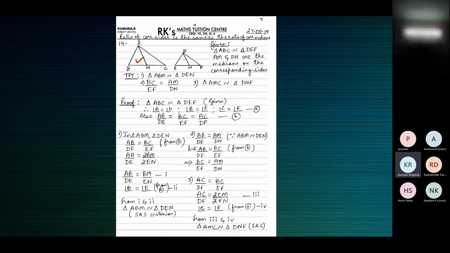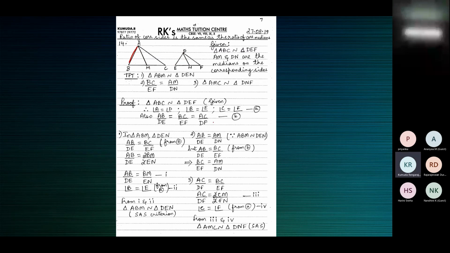These two triangles are similar. So we know that AB by DE is equal to AM by DN, sorry.